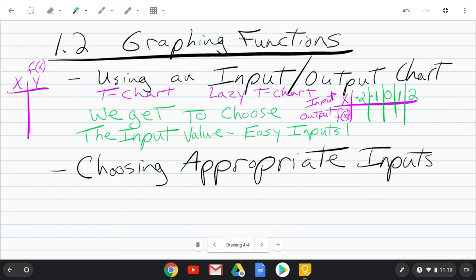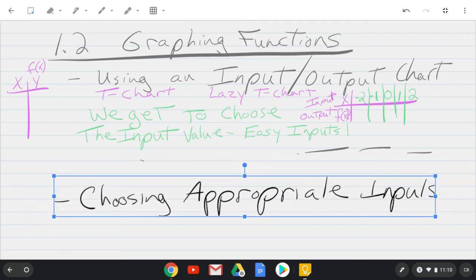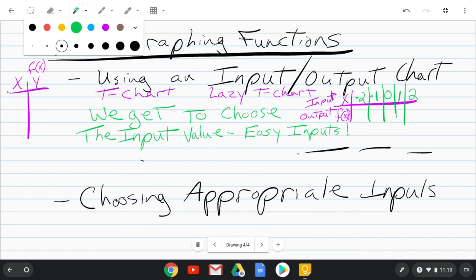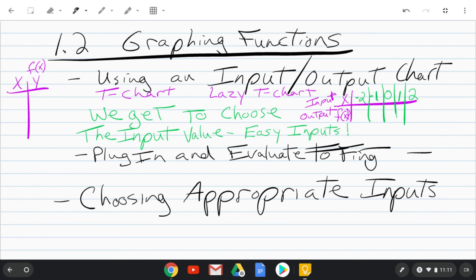And once we have our inputs, then we plug it in and evaluate to find the outputs.